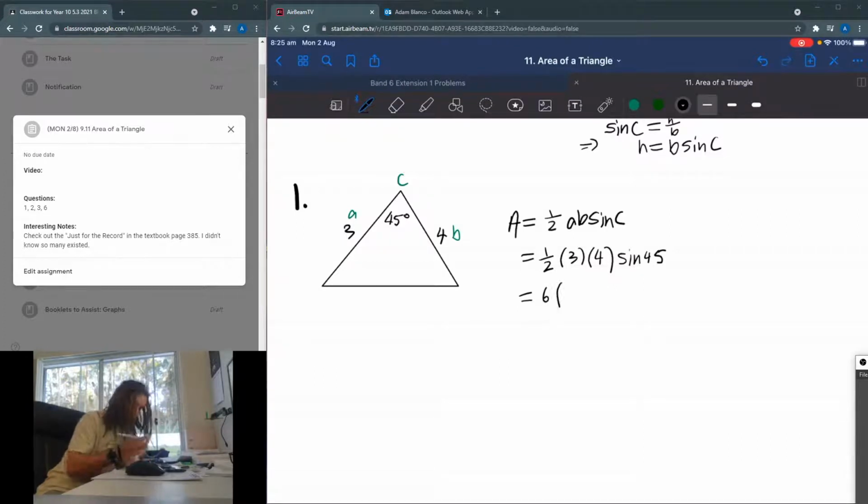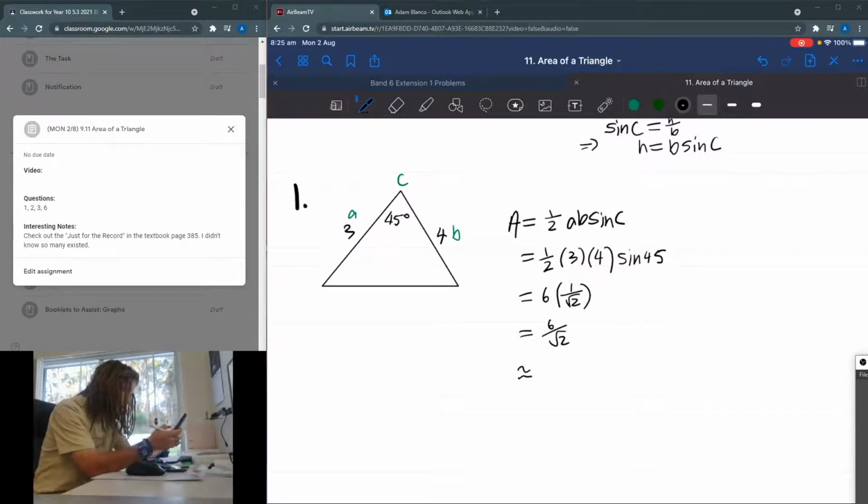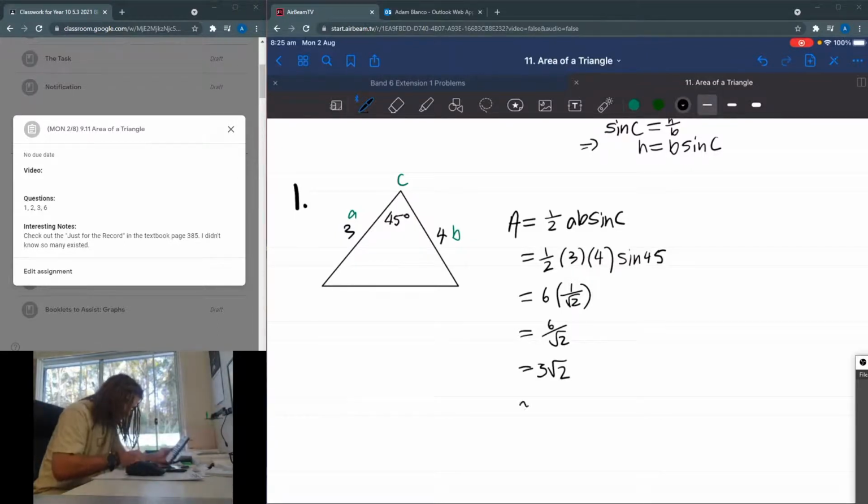Sine 45 is 1 on root 2. So that's 6 on root 2. I've got one of these fancy calculators and it came up as 3 root 2, approximately 4.24. Okay. That's it.